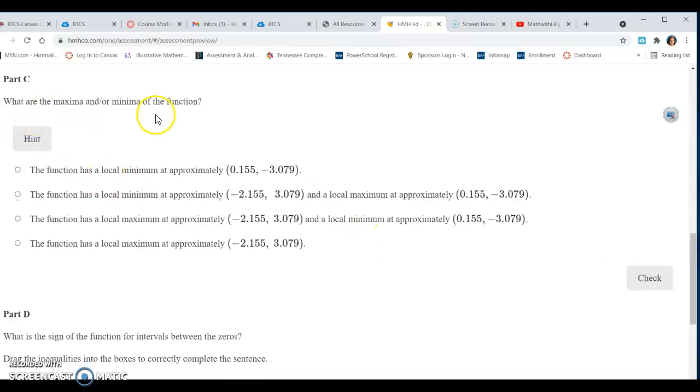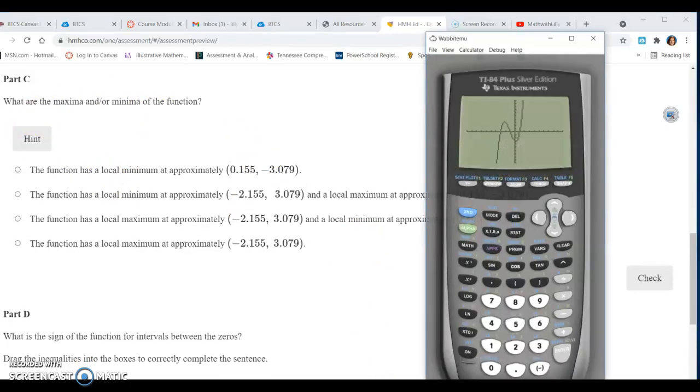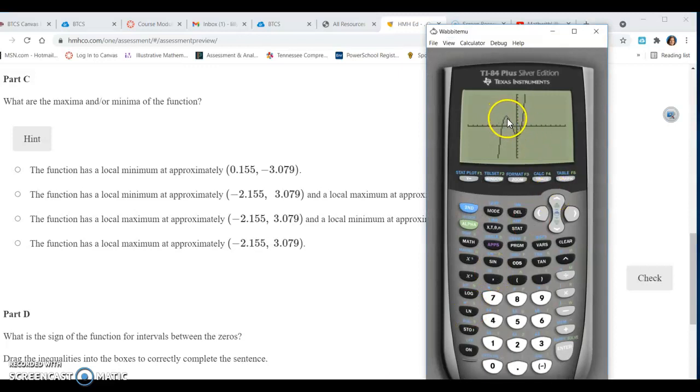What are the max and the min of the function? Again, we can tell that by looking. This is the local maximum, and this would be the local minimum. You can probably just hit trace and get the little cursor to get a general idea. If you get up close to that, you're going to see that negative 2.1 and y equals 3 is your maximum.